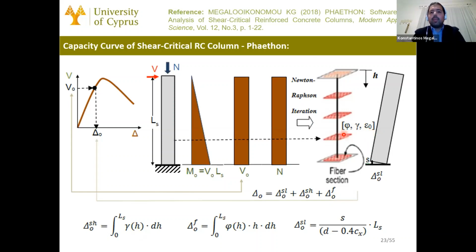And based on this, integrating these curvatures and the shear strains, we obtain the displacement due to shear and due to flexure. And at the critical section, through the slip from the anchorage, we calculate the rigid body rotation of the column and also the displacement due to slip.